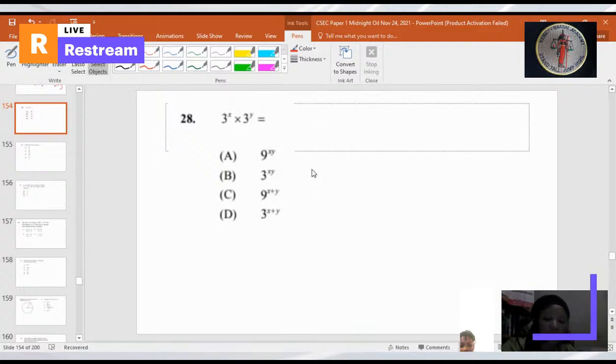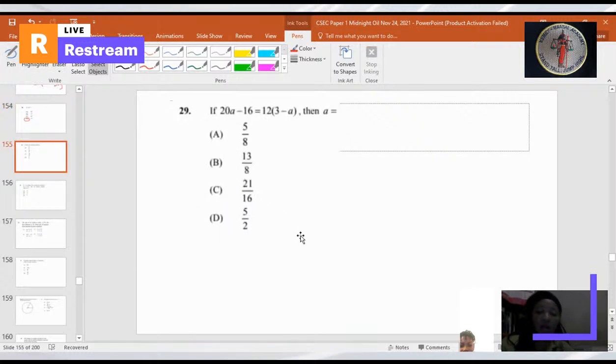This should be 9 to the power of x plus y, which is C. Ah, we're not to multiply the bases. If the bases are the same, we're to add the powers and keep the base. So it would be 3 to the x plus y. We just write back the base as 3 and add the powers.